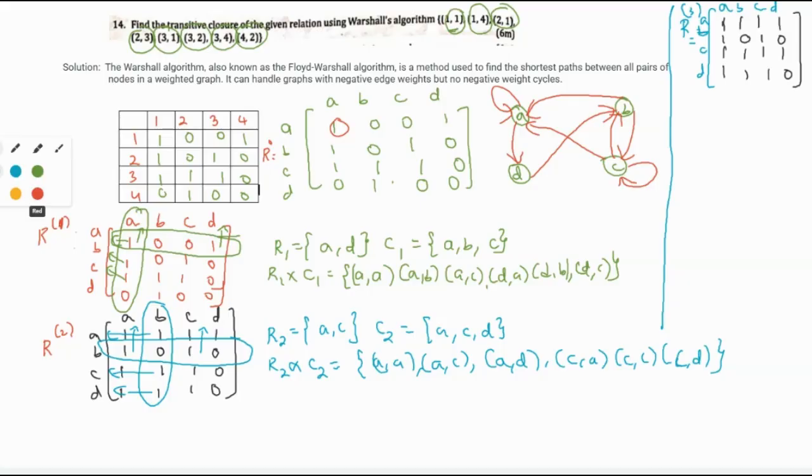Now for the fourth step, what next step are you going to do? We are going to select the third row and third column. Now in the third row and third column, what are the elements we have?